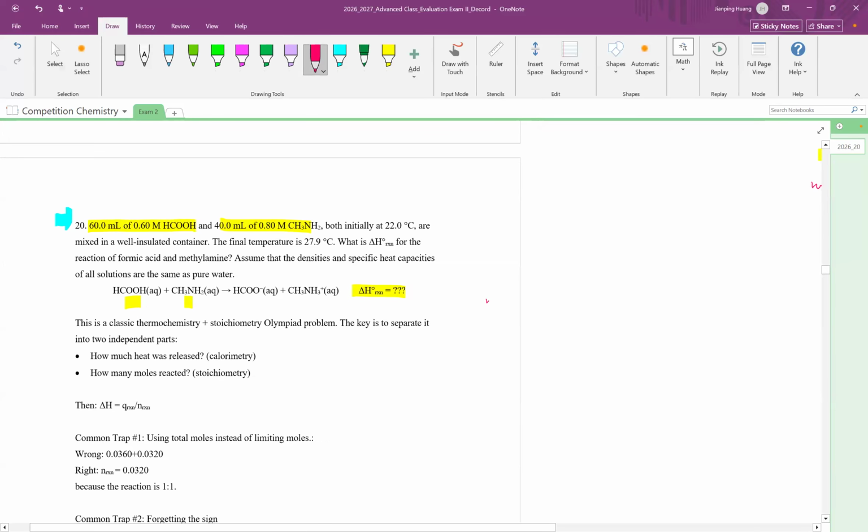Now let's look at the acid, which is 3.60 times 10 to the minus 2 mole. Base, amine. So you get 3.2 times 10 to the minus 2 mole.